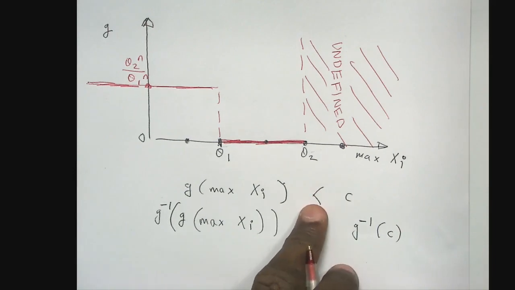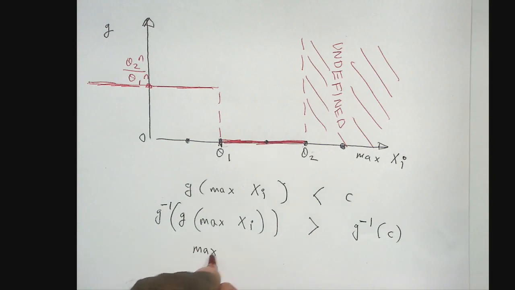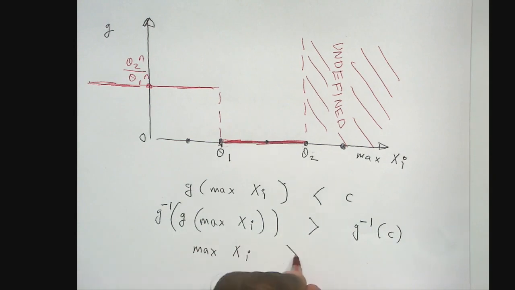Will it remain less than or will it be greater than? Now we know that g is a decreasing function. If you're multiplying by the inverse both sides of a decreasing function, the less than will become greater than, right? So what you have is max of xi is greater than g inverse of c, which you can call a constant k if you like. So that proves part 1.